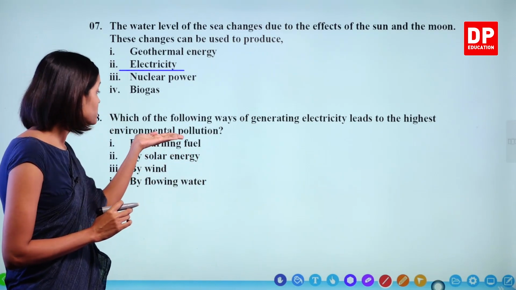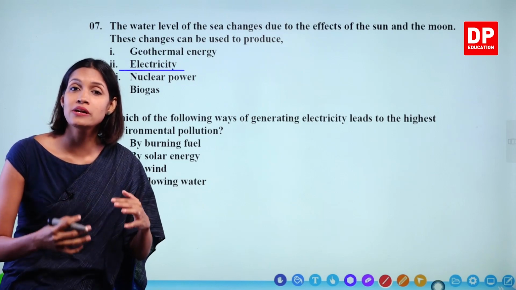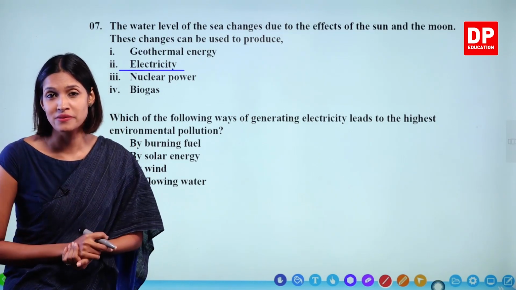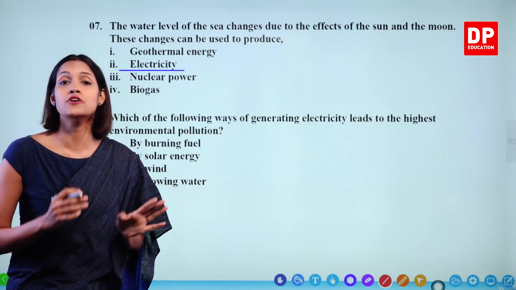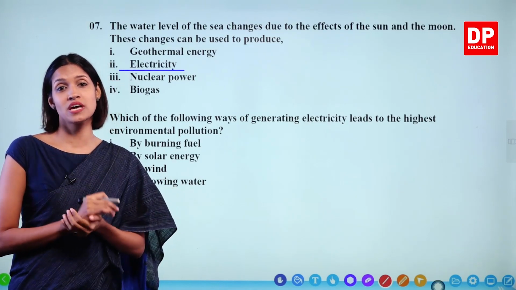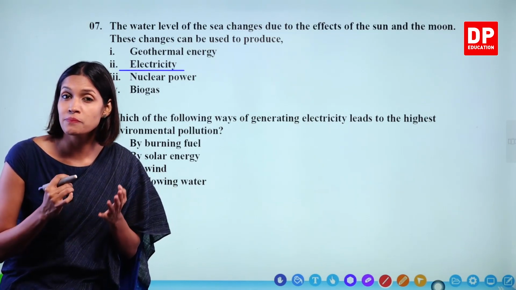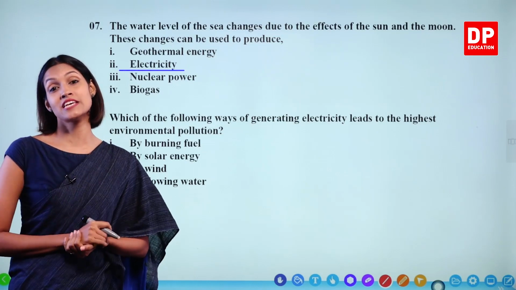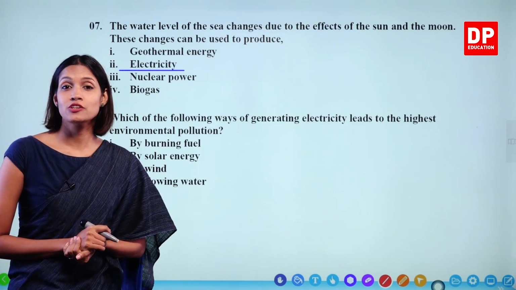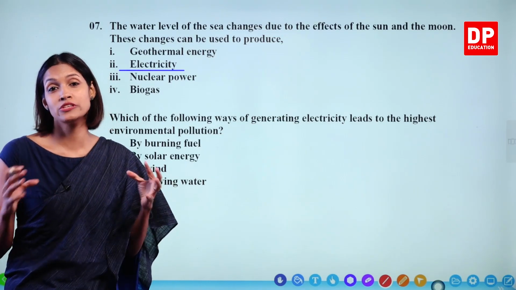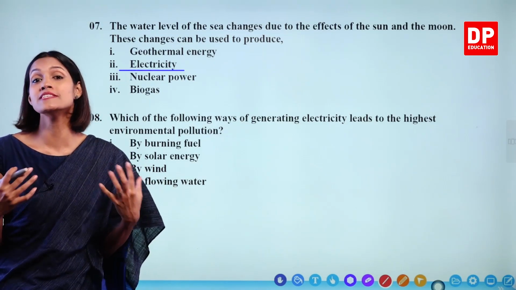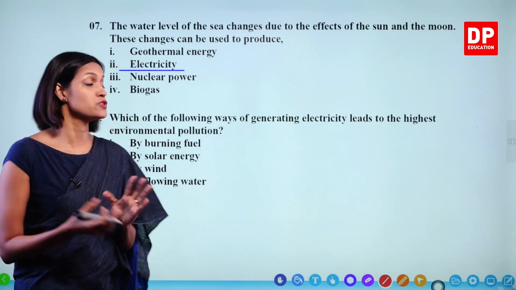So when we burn any kind of fuel, carbon dioxide gets released to the environment. Especially when we burn fossil fuels, a lot of carbon dioxide gas and a lot of carbon particles and sulfur particles get added to the environment. Okay, they are harmful to the environment. So they cause environmental pollution.